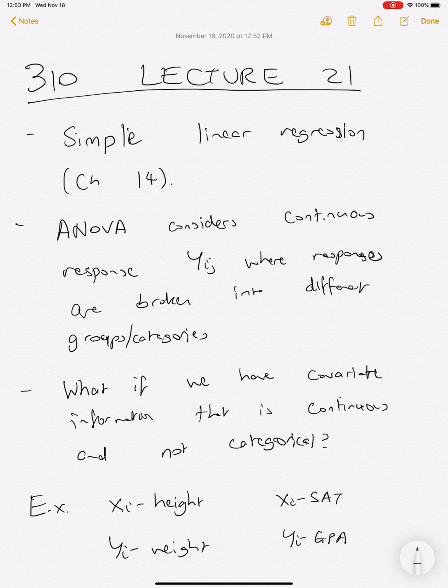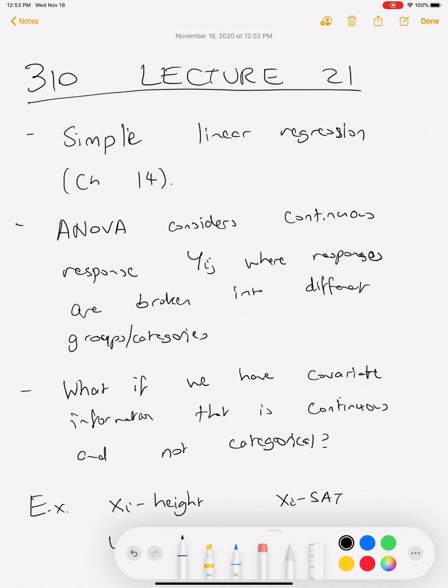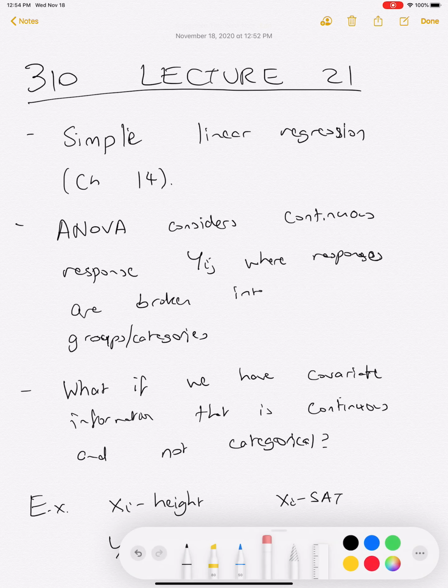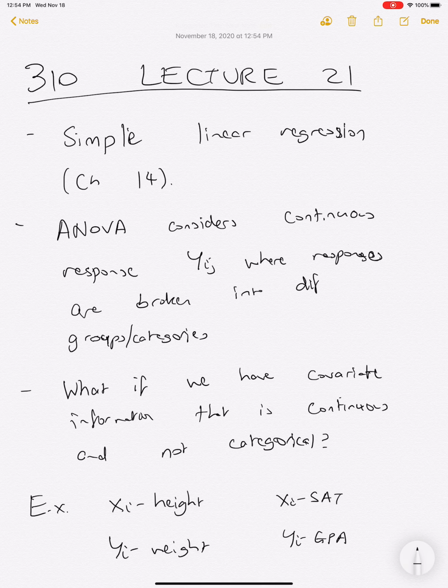If you have binary groups like gender, then you could think about dividing the groups that way, or more groups of gender. So that was the focus of ANOVA.